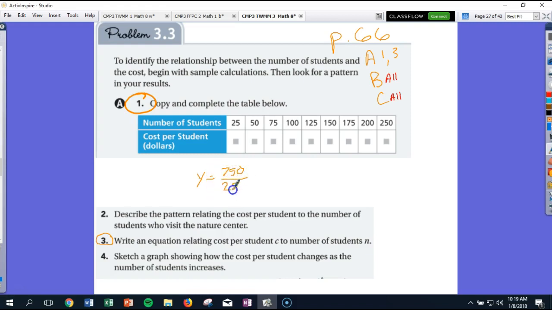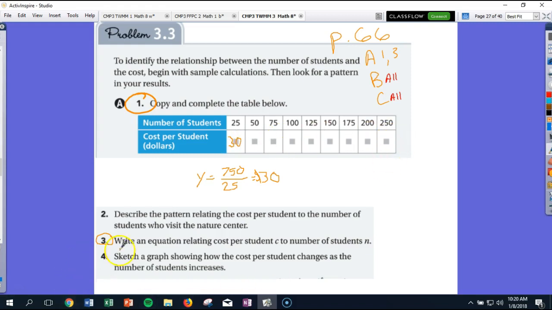So if only 25 students go, it's going to be $30 per student. So pretty expensive if we don't have very many students going. Instead of $3 if 250 students go, it's going to be $30 if only 25 students go. So our answer here would be 30.